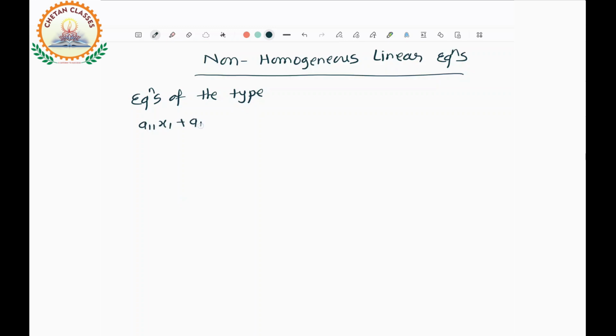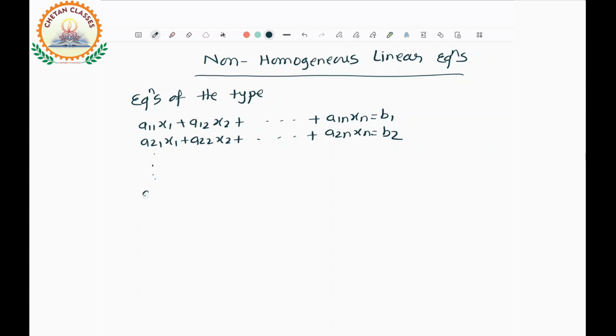a11x1 plus a12x2 plus dash dash dash a1n xn is equal to b1, a21 x1 plus a22 x2 plus dash dash dash a2n xn is equal to b2 and up to am1 x1 plus am2 x2 plus dash dash dash amn xn is equal to bm.